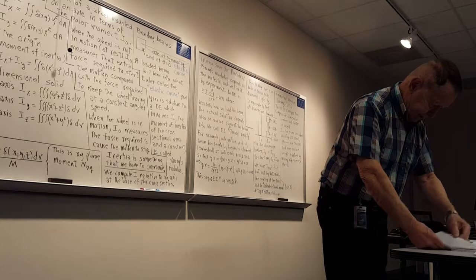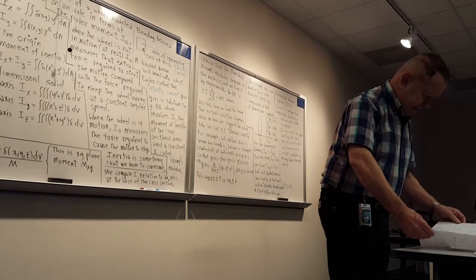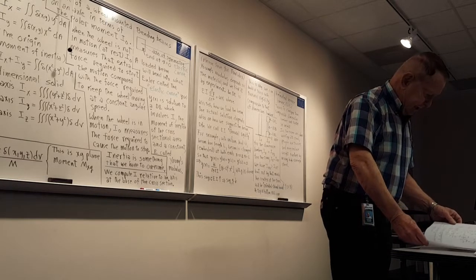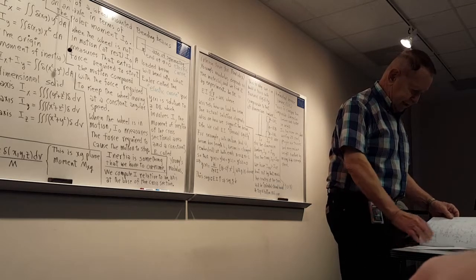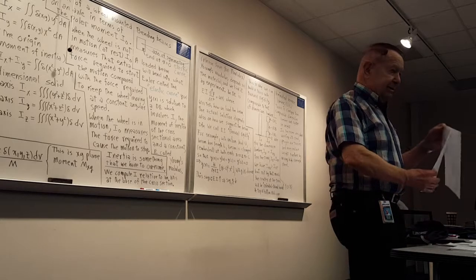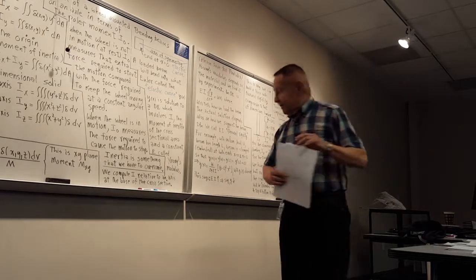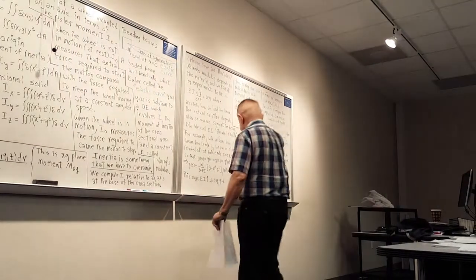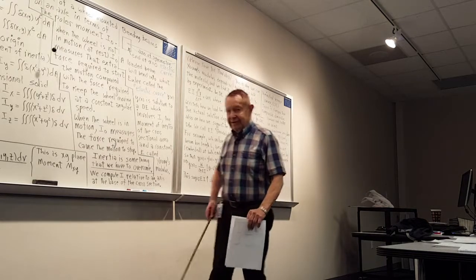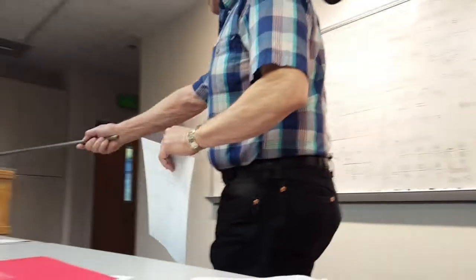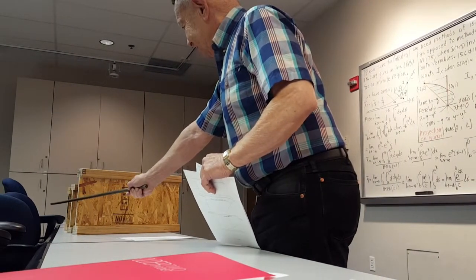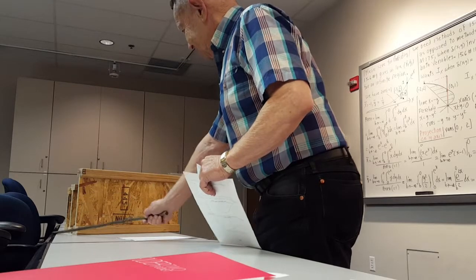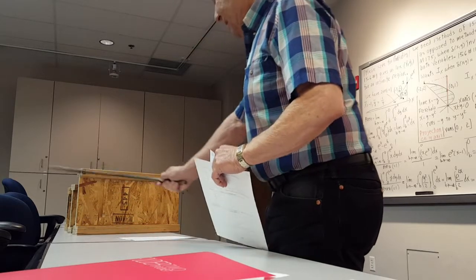And then if you turn the pages, I've done the same kind of moment of inertia calculation. When I wrote these notes, I did the moment of inertia calculation not from the base of the figure, but assuming that the axis was in the center of the cross section as you're looking from base to top.